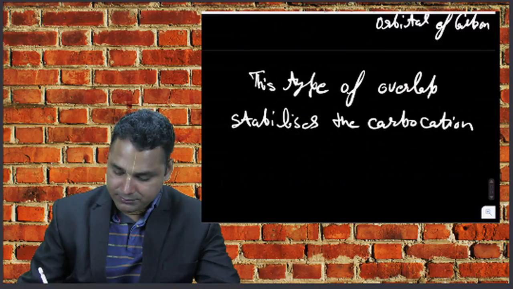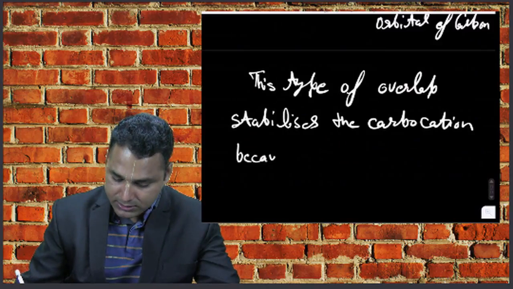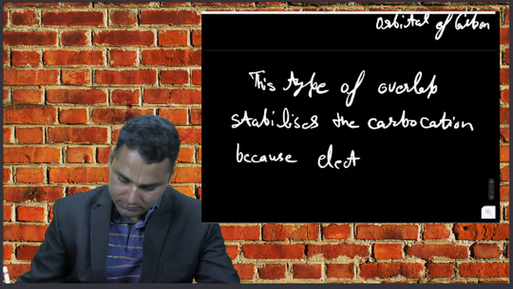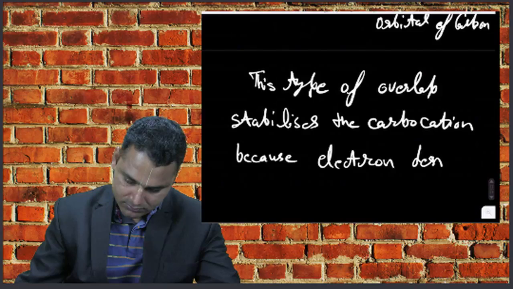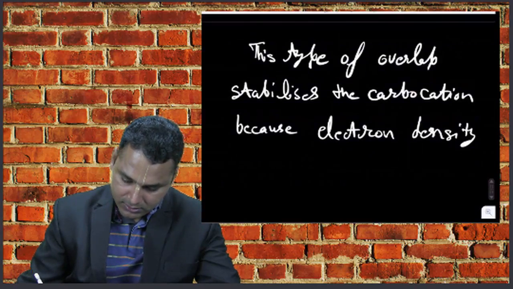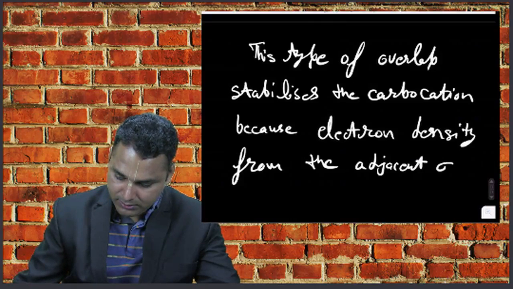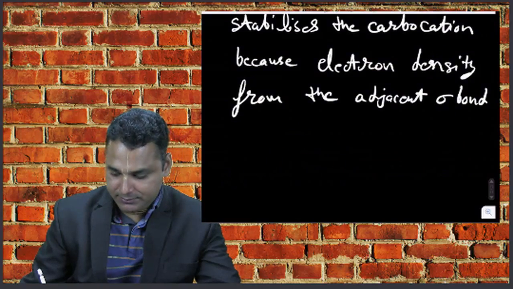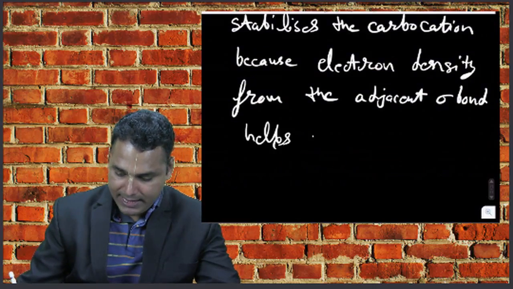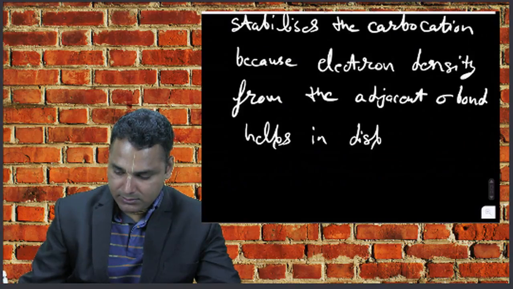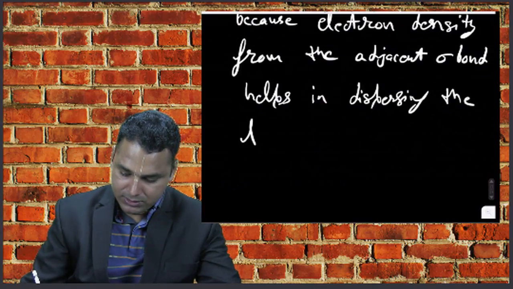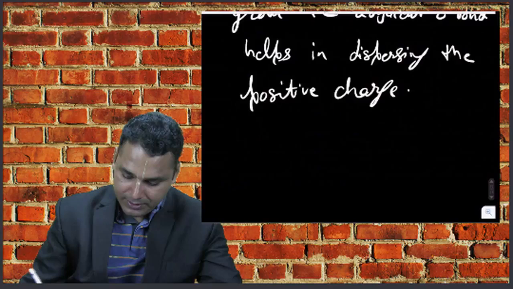Why is it stabilizing the carbocation? Because electron density from the adjacent sigma bond helps in dispersing the positive charge. With one example we can see this.